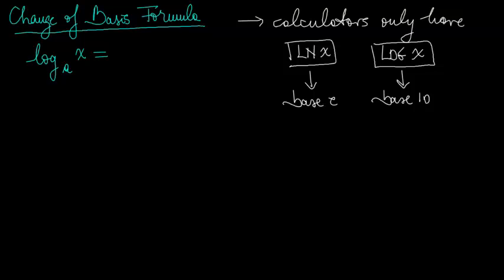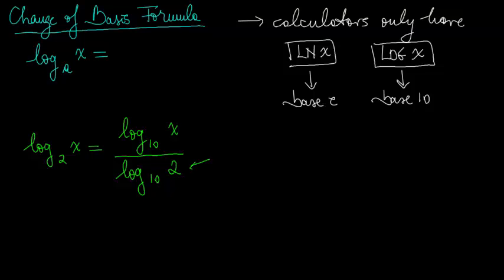So here's the formula. If you're given, say, log base 2 of x, and you want to rewrite it in base, say, 10, the way you're going to change the base here is you're going to first apply your new base, namely 10, to the input x, and that's what you get in your numerator. So you have log of the new base of x, and then in the denominator you get a factor to adjust for this change, namely still log of the new base and then of the old base.